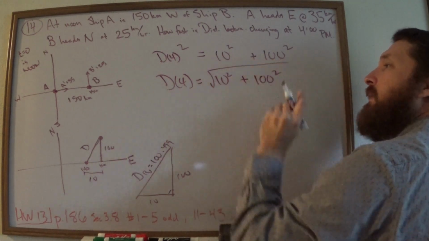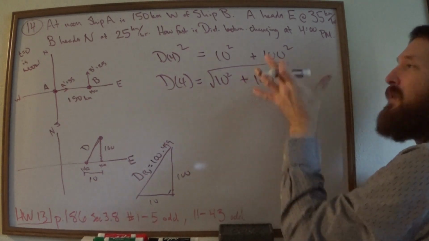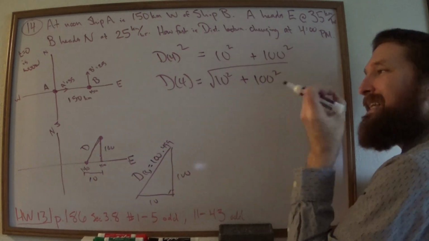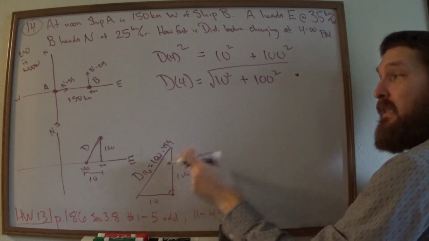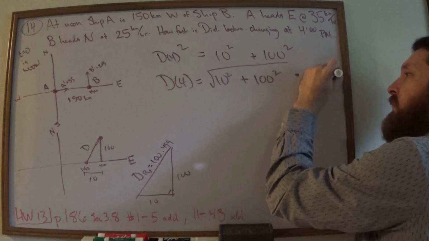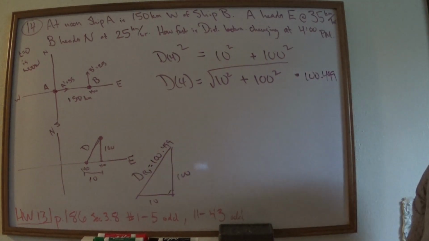But basically, you've plugged in your value and you got out a constant. We don't have the function itself. We need the function in terms of time. But we're also going to need this, which works out to be 100.499. That's nifty, and we're going to need it in a minute.